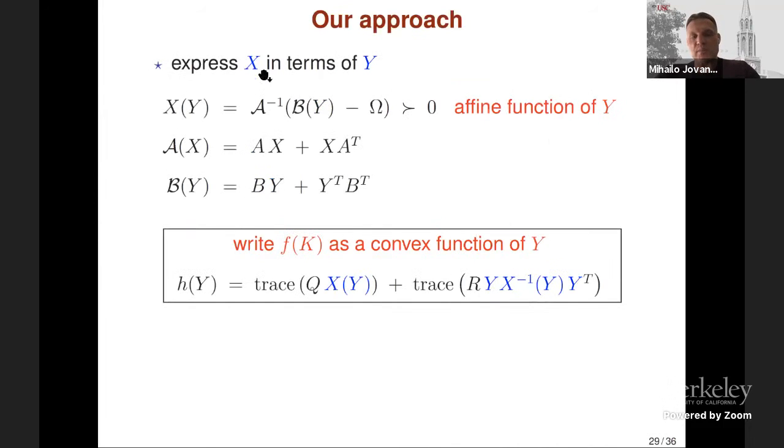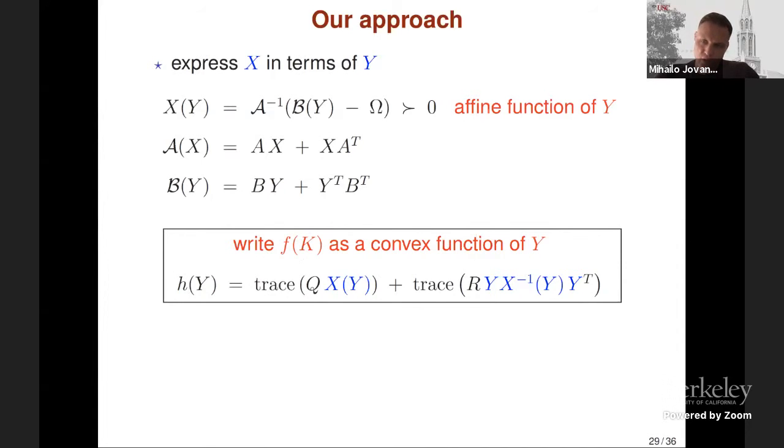Our approach is to express the covariance matrix in terms of this new matrix Y, and you can express the covariance matrix as an affine function of Y, where these calligraphic symbols A and B are linear operators that are listed here. And once you do that, you can write f of K as a convex function of this new variable Y, which again has the same number of rows and columns as your feedback gain matrix K.